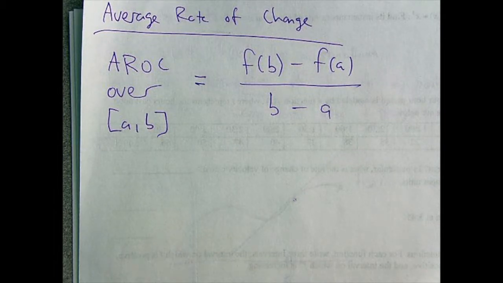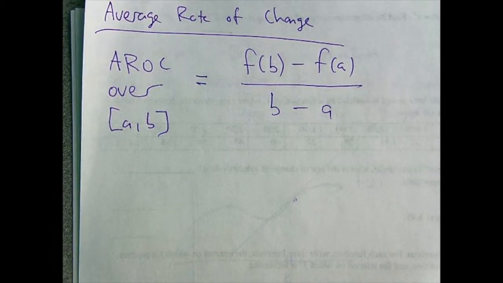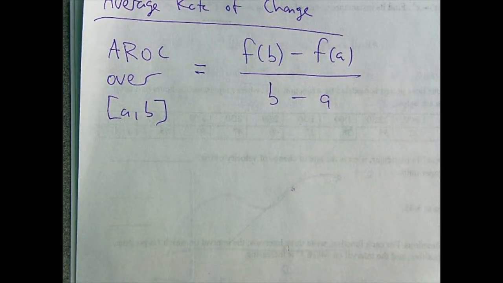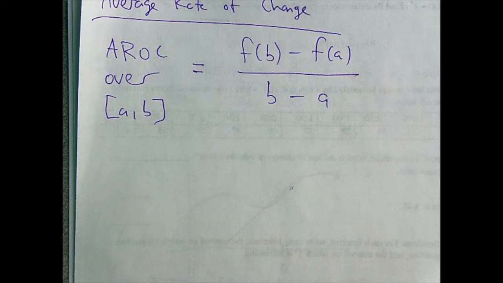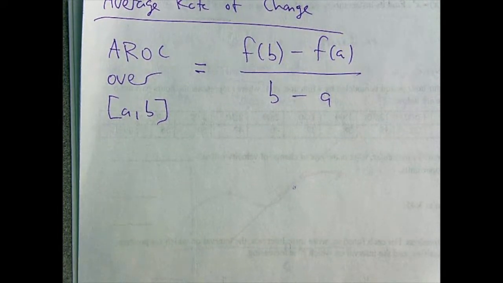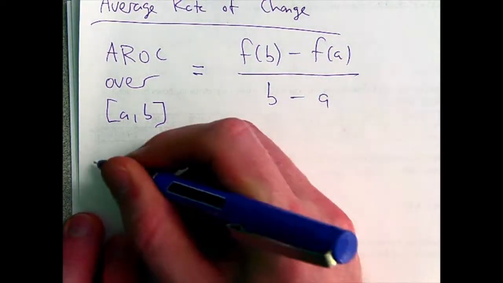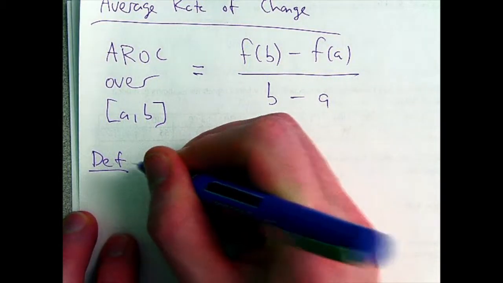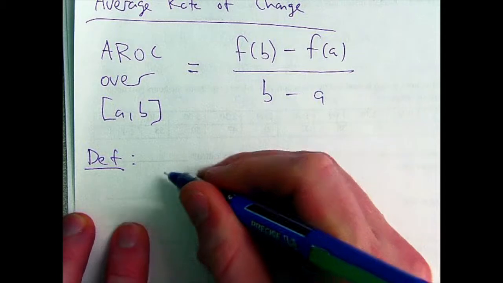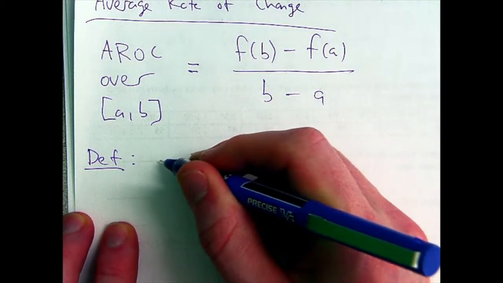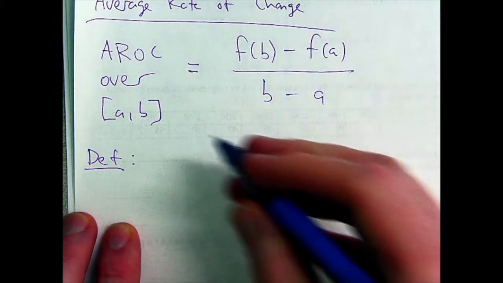I'm now going to give you an alternative definition of the derivative based on limits. These two definitions, it turns out, are equivalent. They're the same thing. But seeing why takes a little bit of an argument, but I'll just give it to you. So here is the new definition, the limit definition.